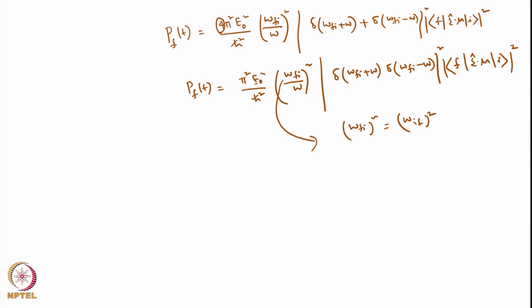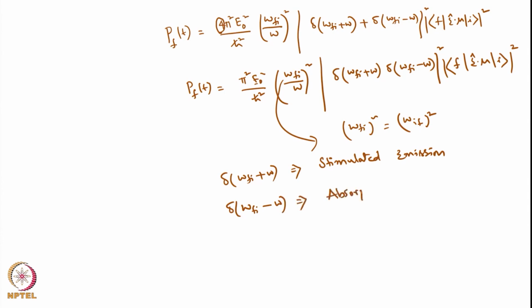Now the other thing that we said, that when you have delta omega Fi plus omega, this will correspond to stimulated emission, and delta omega Fi minus omega, this will correspond to absorption. And we said this cannot happen simultaneously, either stimulated emission will happen or absorption will happen. So only one of the processes can happen at a given point of time, and both cannot happen simultaneously.